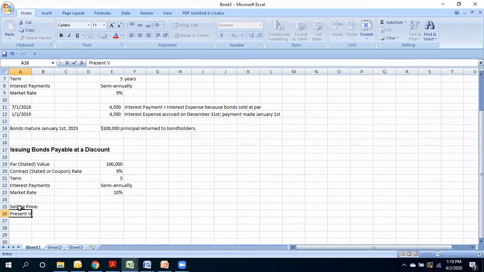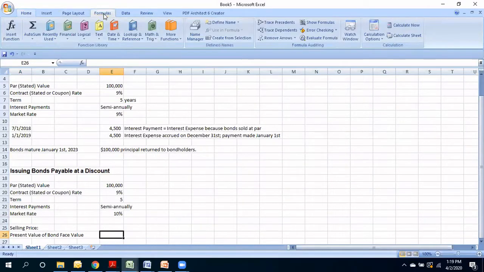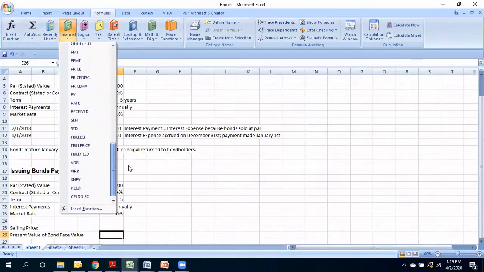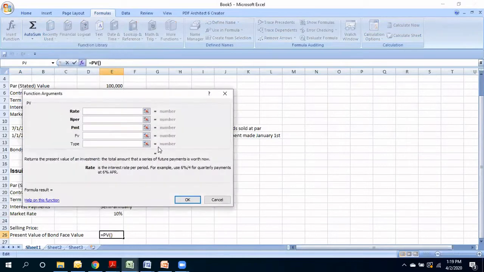So we are going to calculate the present value first of the bond's face value. How do I do that? I go to formulas, financial formulas, and I scroll down and I see present value.